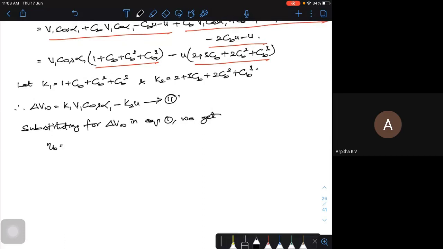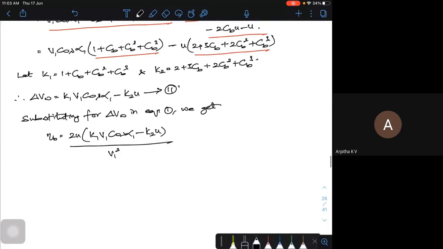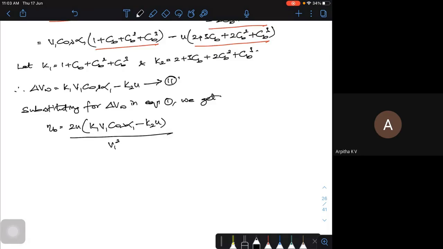The blade efficiency is equal to 2u into K1 V1 cos alpha 1 minus K2 into U divided by V1 square. So case 2 is more effective compared to case 1.